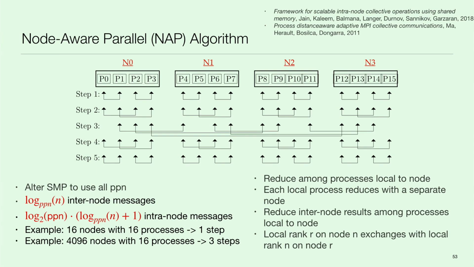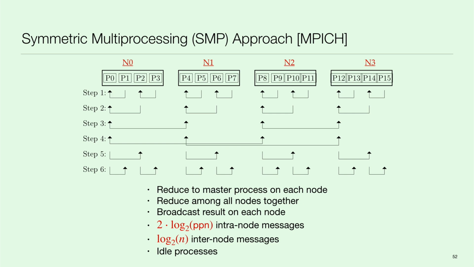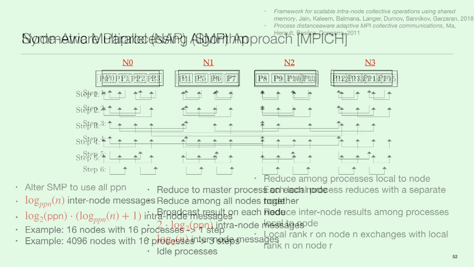The approach that we took is probably most easily highlighted in the four-process case, and then it becomes messier but doable when there are more processors and more nodes. It looks much like the SMP approach, but we're going to try to use all processors per node to communicate information between other nodes.